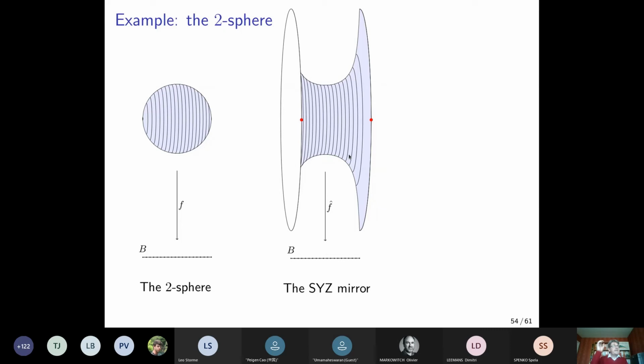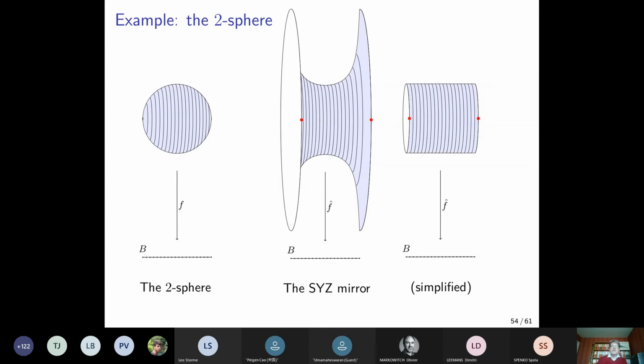Now, on the symplectic side, these infinite things are not such a big problem, because in nice situations you can always truncate to a finite part. It turns out that in nice cases you do not lose information by this, because the structure near infinity is very nice. So we can simplify this picture to a picture of a cylinder, which is what I've done here, and which is the picture we have been using.